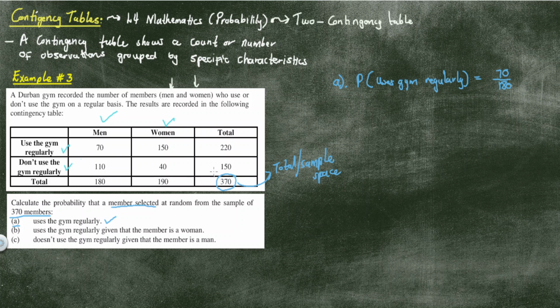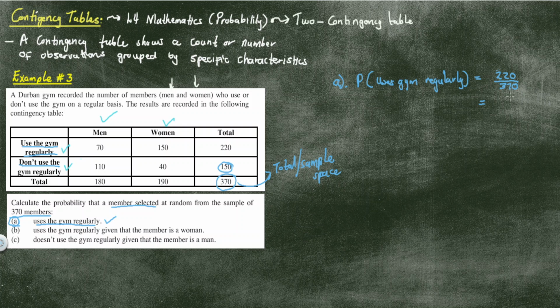Okay, it will be 220. Remember, question A asks to calculate the probability that members use the gym regularly. 150 is when they don't use the gym, but we want where they use the gym regularly. So it will be 220 over 370.